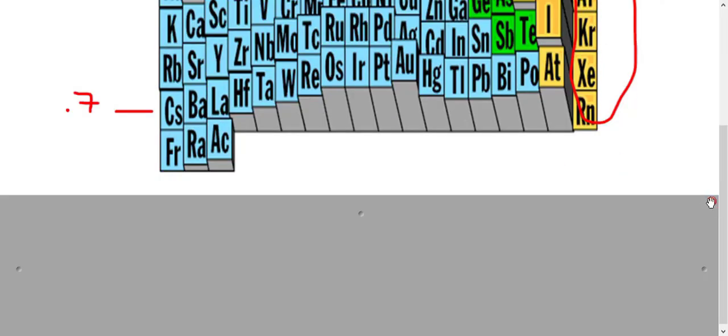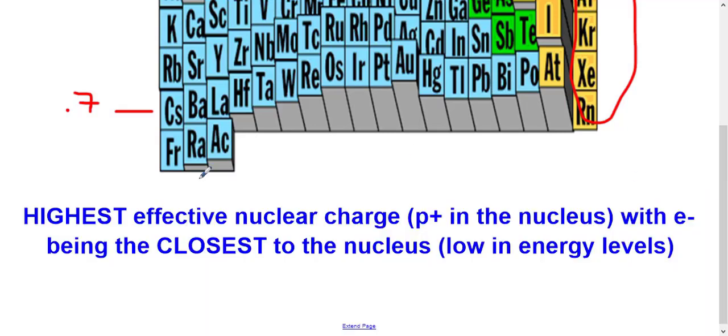So let's look down here in words so you can write that down. It has the highest effective nuclear charge, okay, with electrons being closest to the nucleus. So group 17, they all have an effective nuclear charge of 7, effectively 7 of their 8 valence electrons filled, okay?